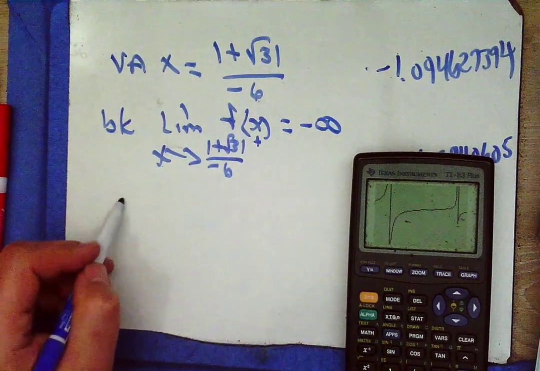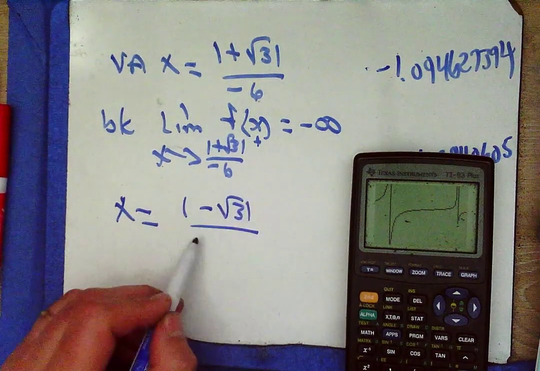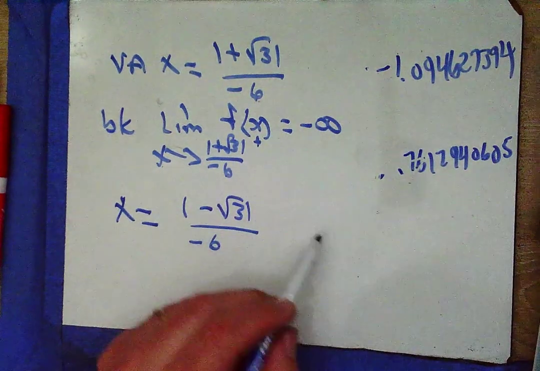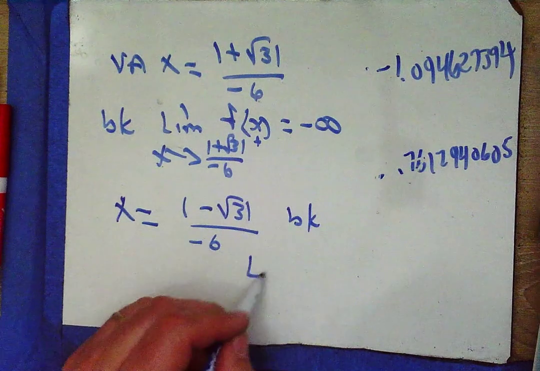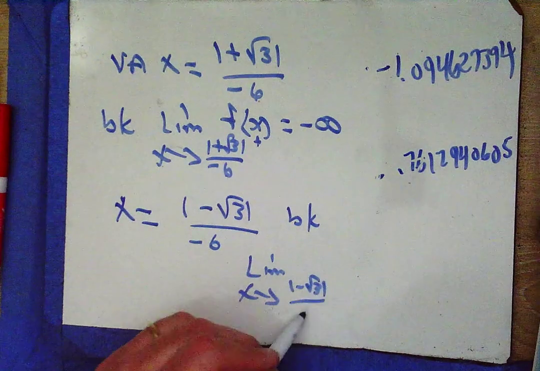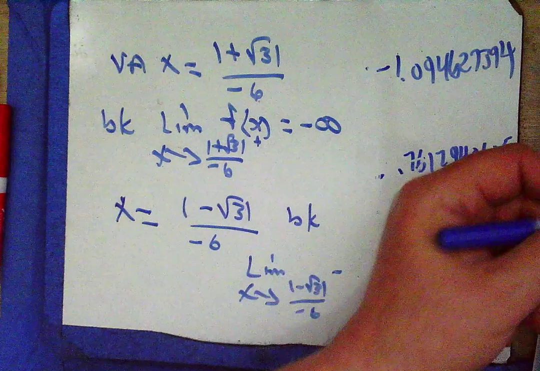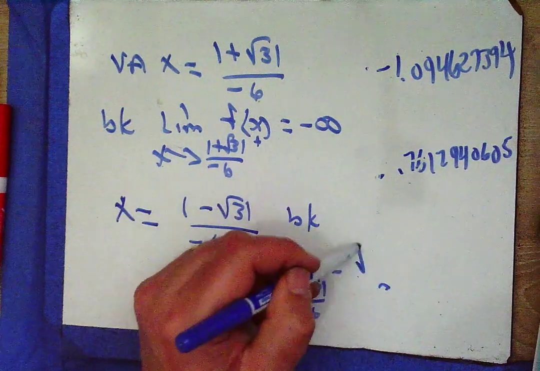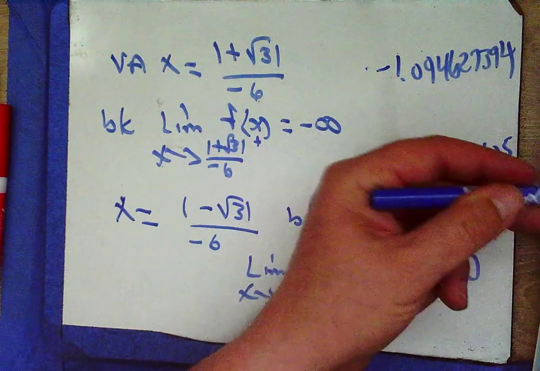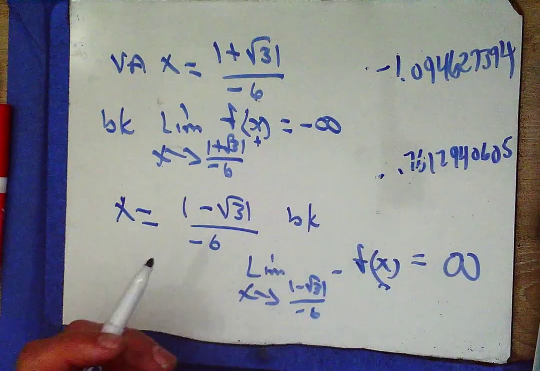And I know that there's another vertical asymptote at x equals 1 minus root 31 over negative 6. That's this one, because the limit as x heads to 1 minus root 31 over negative 6 from the negative side, this limit of f of x is equal to infinity. As I approach x equals this 0.761294 number, f of x is headed up to infinity.